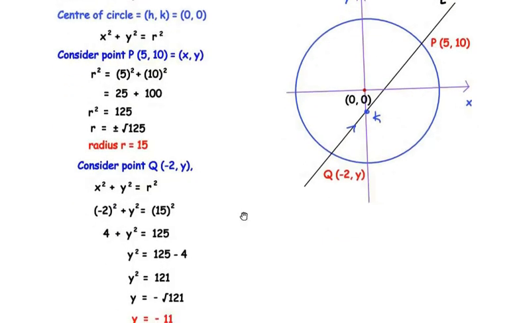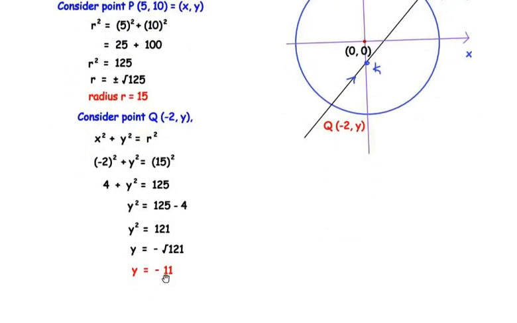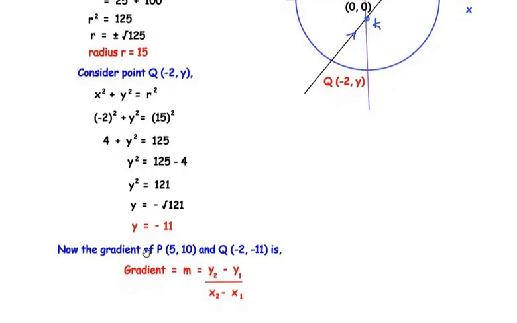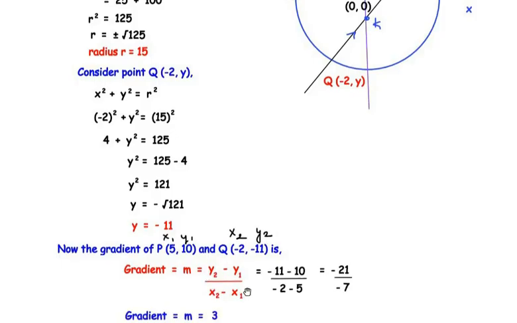Now once we have got the coordinates of point P and point Q, let us find out the gradient of this line. The gradient of line L having the points P and Q is given by the formula m is equal to (y2 minus y1) over (x2 minus x1). Now here I have considered the coordinates of point Q as (x2, y2) and coordinates of point P as (x1, y1).